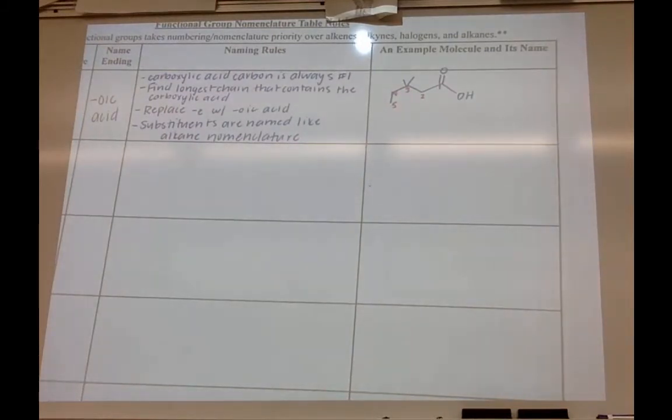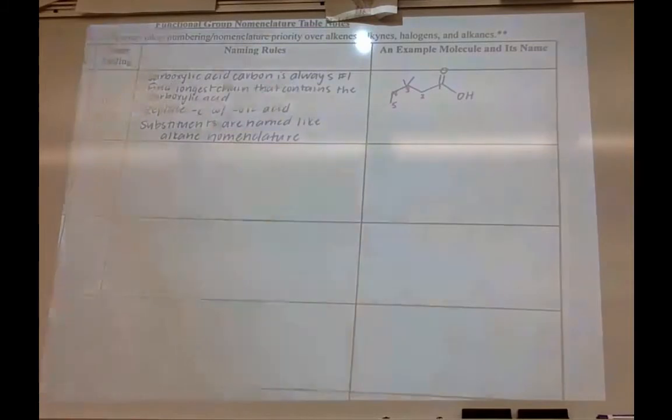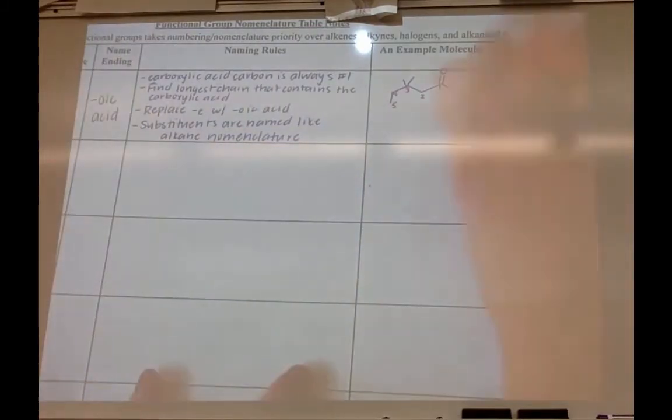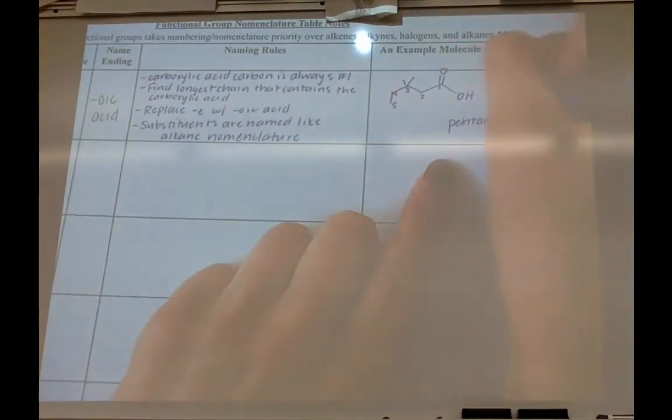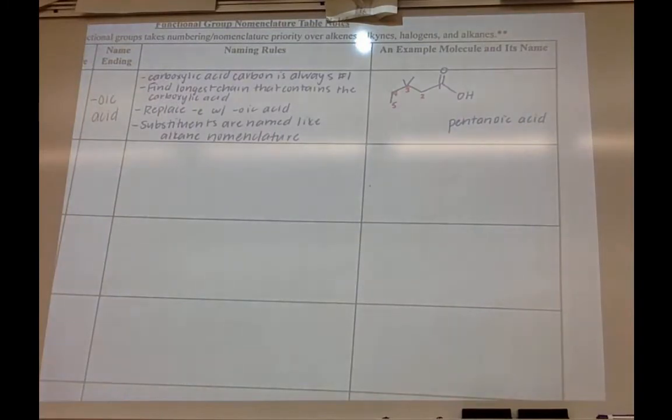So when you name this, what's the prefix for 5? Pent, right? And 5 carbons all single bonded would be pentane. You drop the E and you add oic acid. So the parent name here would be pentanoic acid. Now you still have to make sure that you're numbering your substituents and naming your substituents.